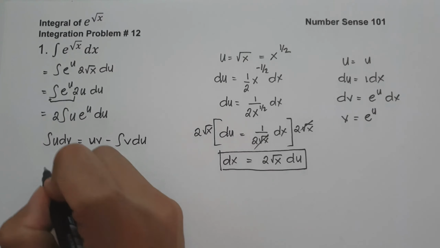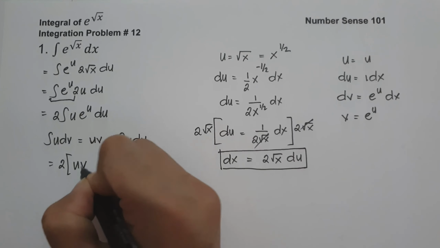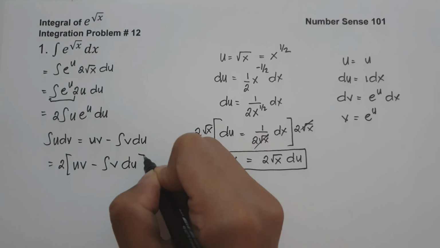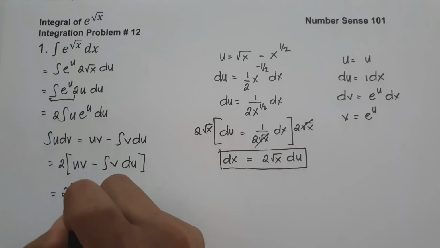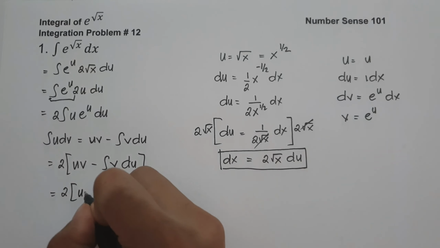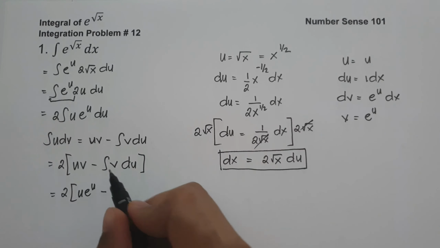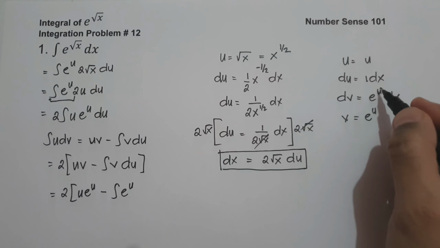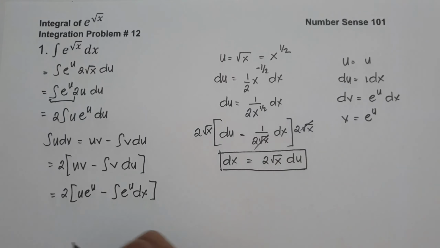So we are going to write as 2 times u times v minus the antiderivative of v du. So let us have 2 multiplied by u, that is u, and v, that is e raised to u, minus the antiderivative of v, that is e raised to u, and du, that is dx. So let us simplify.